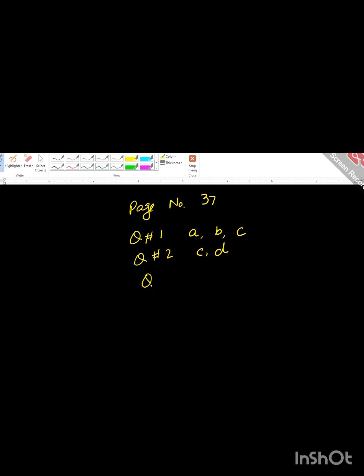And question number 3, you have to do parts E and F. So this is your homework. These are practice questions. We did similar questions in today's lecture, so you can do them very easily.